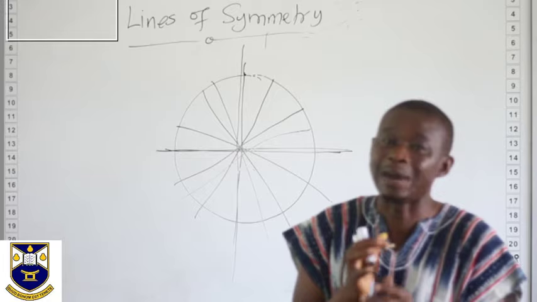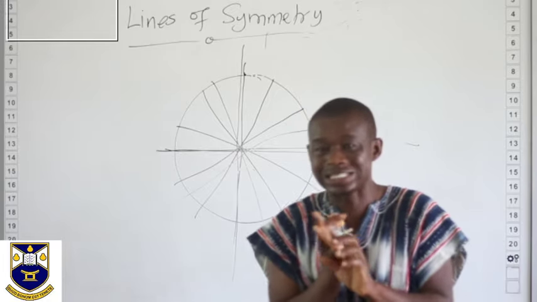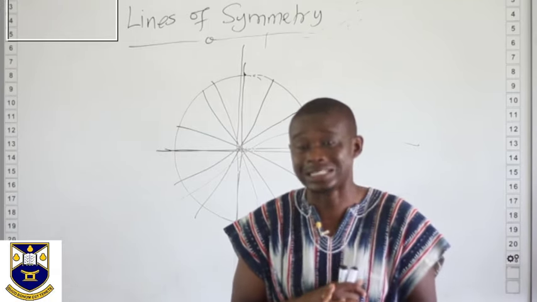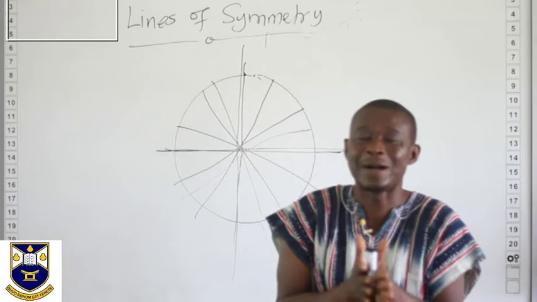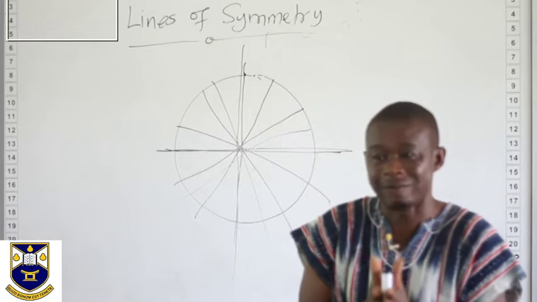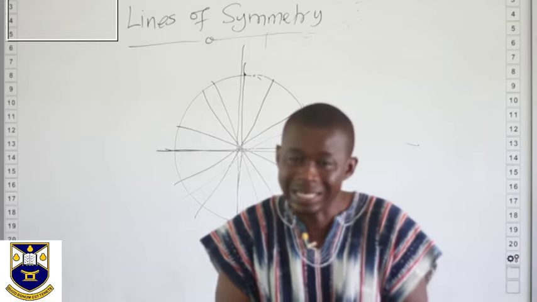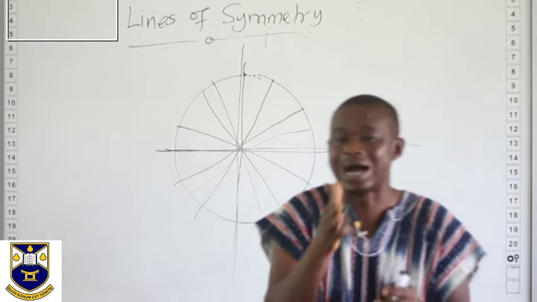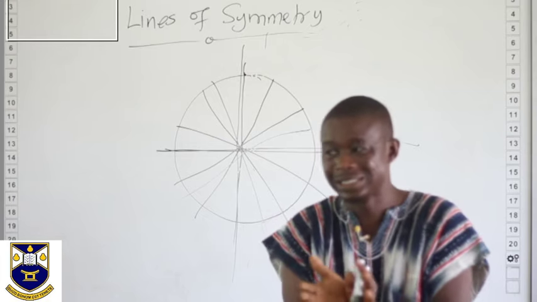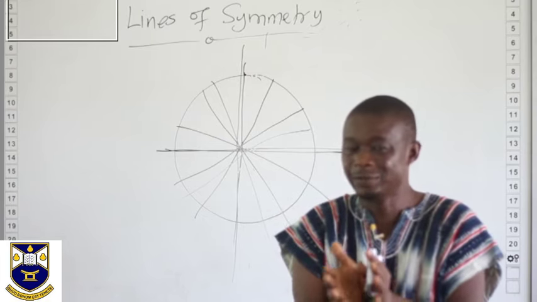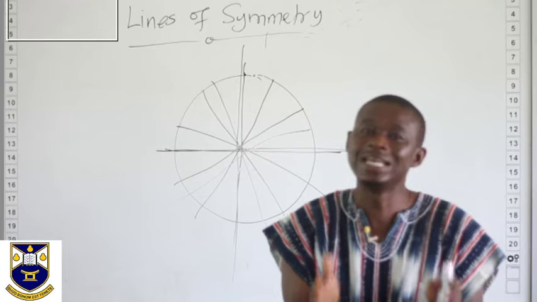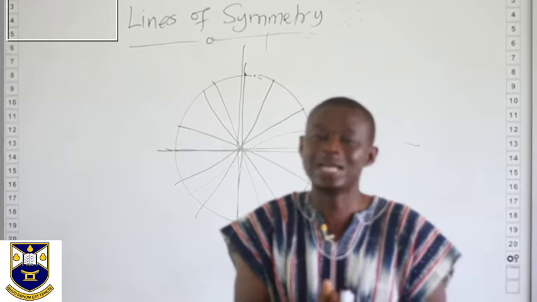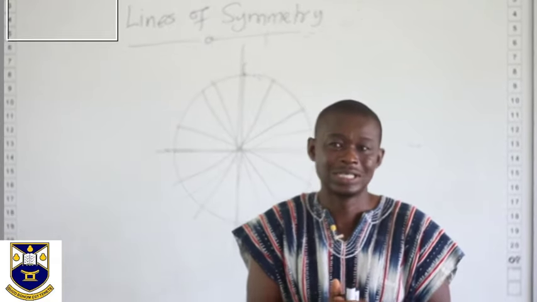Right now, we have uppercase and then lowercase. So when I say uppercase, that is what formerly was referred to as capital letter. So you take all the uppercase letters of the English alphabet from A to Z. Then you identify which of these letters are symmetric. How many of them are symmetric? If they are symmetric, how many lines of symmetry do they have? So that is your assignment.